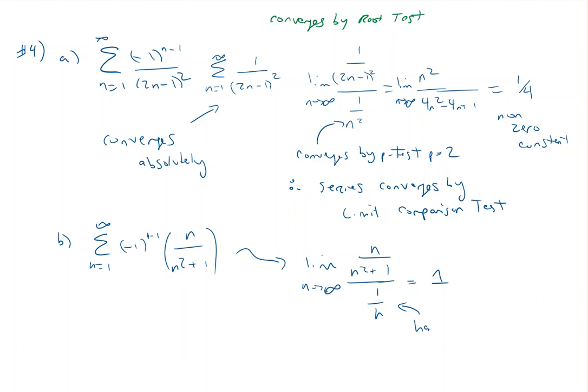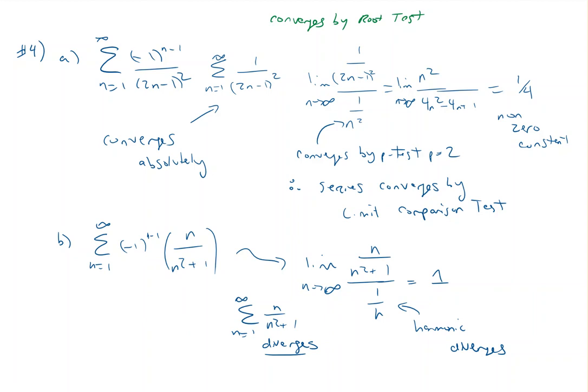This is the harmonic series, and it diverges. So if I just did this without the negative whatsoever, this has to diverge with the harmonic series. They diverge together. So I know it cannot converge absolutely.